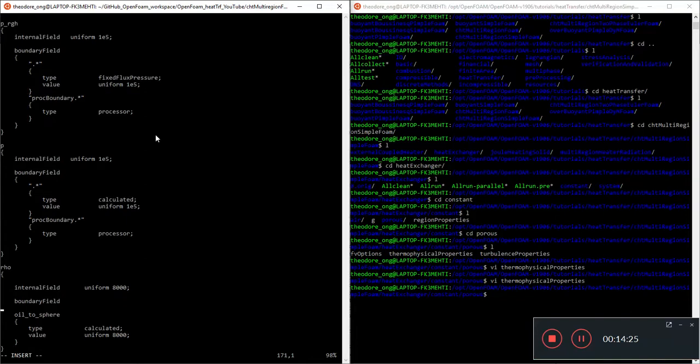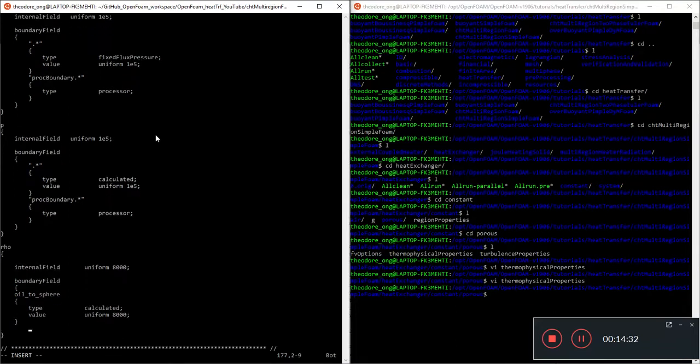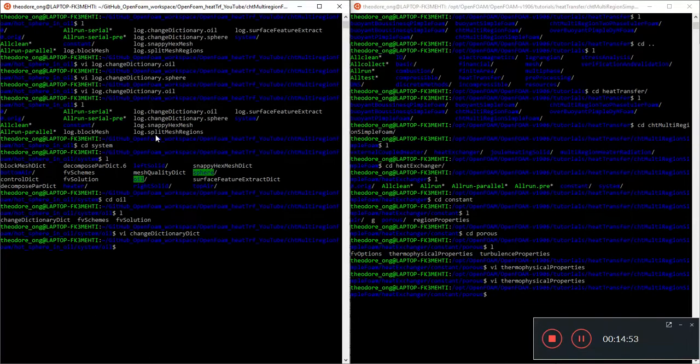And boundary field, I'll need a bracket here. 1, 2, and yep, oil to sphere will be over here, and 1 2 3 4, 1 2 3 4. Okay, let's see whether rerunning change dictionary will help.